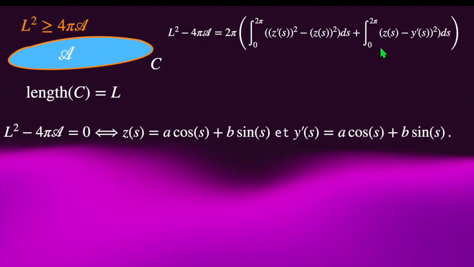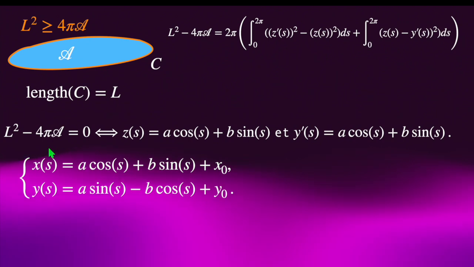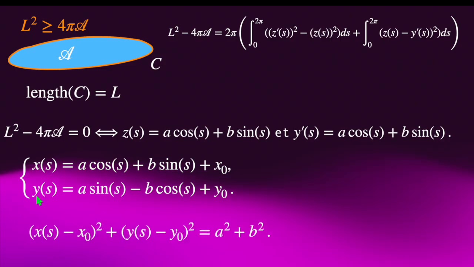And here we get that y prime is equal to z, and so we get x s equal to this quantity and y s. And this is the parametrization of our curve, and if you compute this quantity you get a constant.